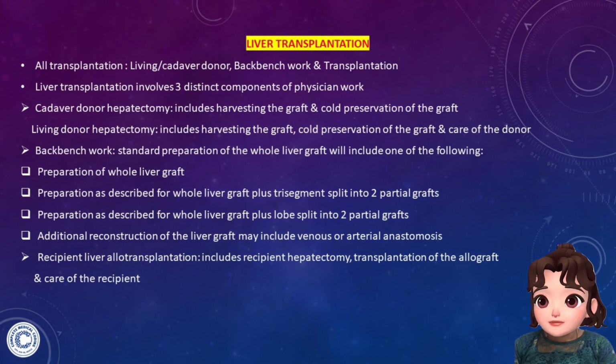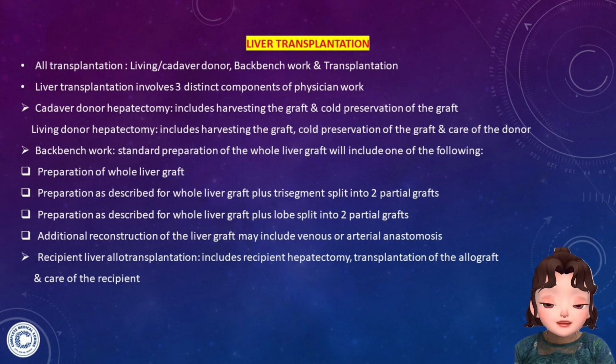Next, let's discuss liver transplantation. During any transplantation process, three things you need to keep in mind: whether the donor is a living or cadaver donor, the backbench work, and the transplantation procedure, the recipient transplantation.